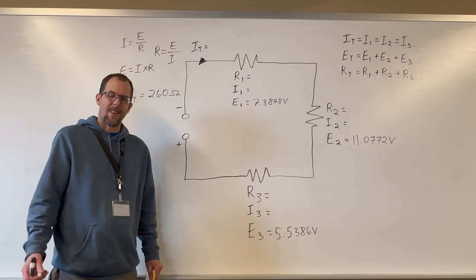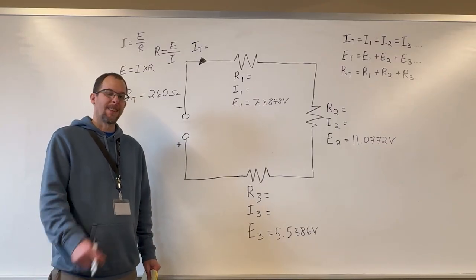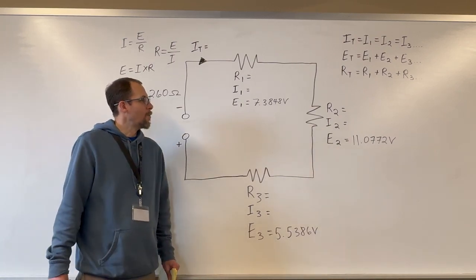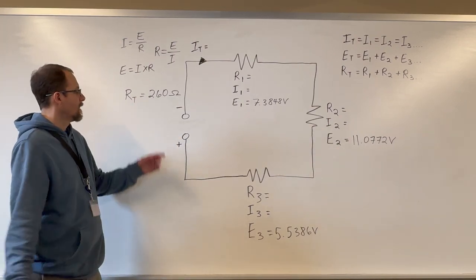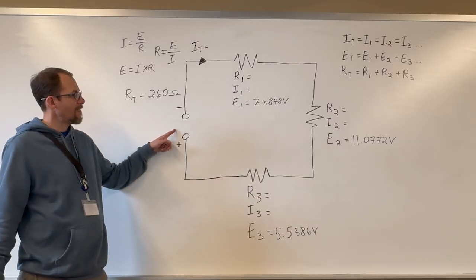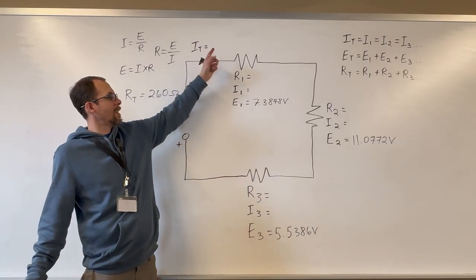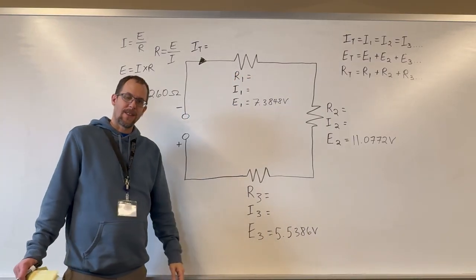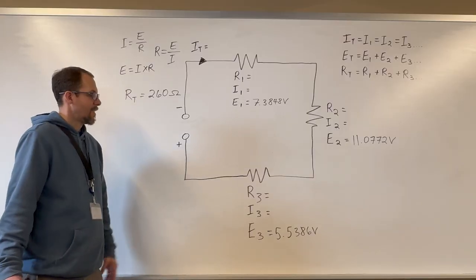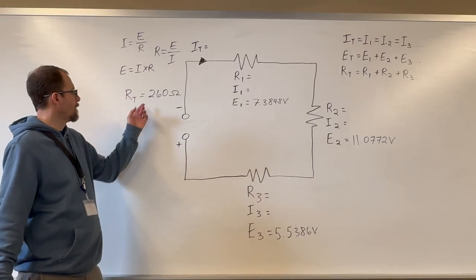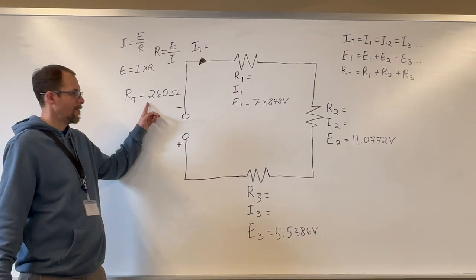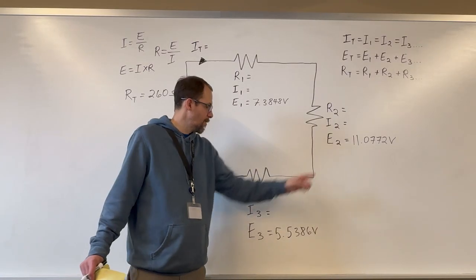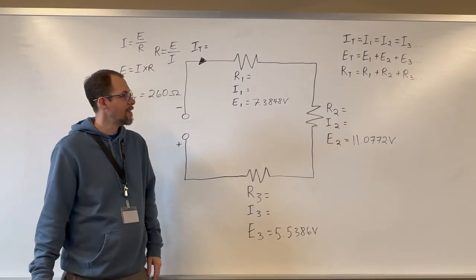All right, this is our last practice question, the ultimate test of our cerebral fitness. We need to figure out what the E total is and what the I total is and the resistance of each resistor. Let's take a quick look and analyze the circuit. We know the R total, which is fine, but we only know E1, E2, and E3 of our circuit.